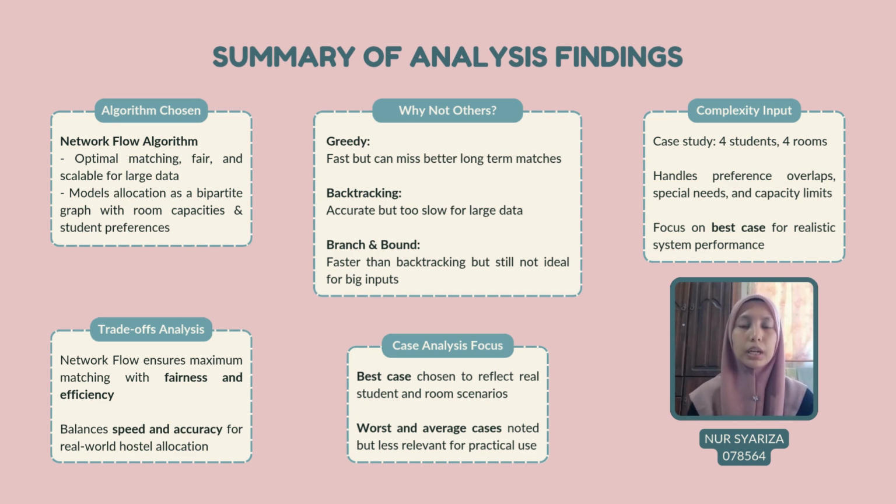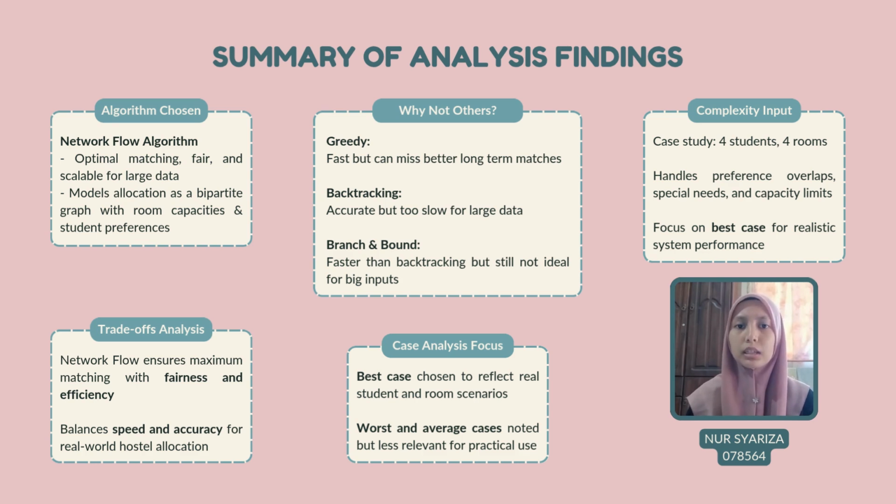This algorithm gives optimal and fair results, and it works well by modeling the problem as a bipartite graph where the students are matched to rooms based on their preferences and room capacities. In our case, each student got a suitable room with no conflict, which shows a successful base case scenario.